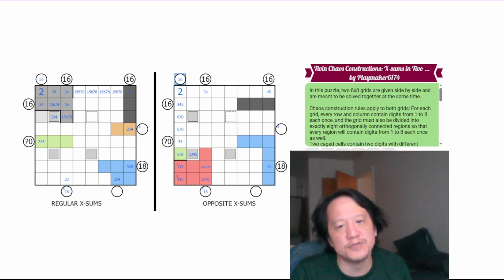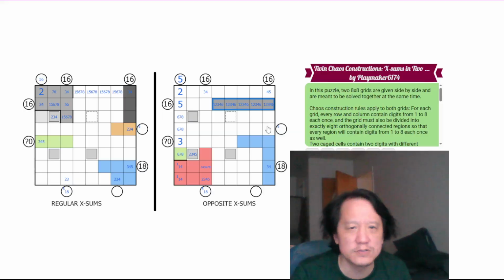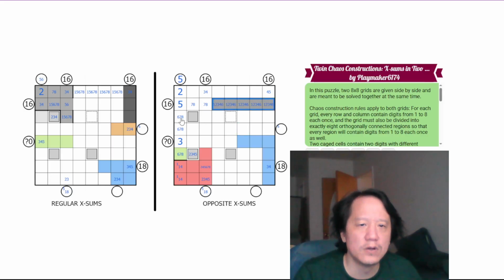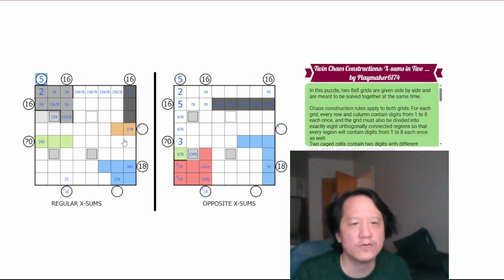So what happens if this is 5? If this is 5, this becomes 1, 4 as a pair. That eliminates 4 there. So this becomes 3. This must be 5. So this must be, what? 1, 2, 3, 4, and 6. We'd have 7, 8 as a pair there. So this is 5.